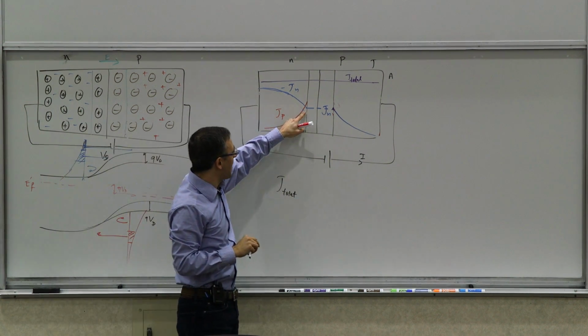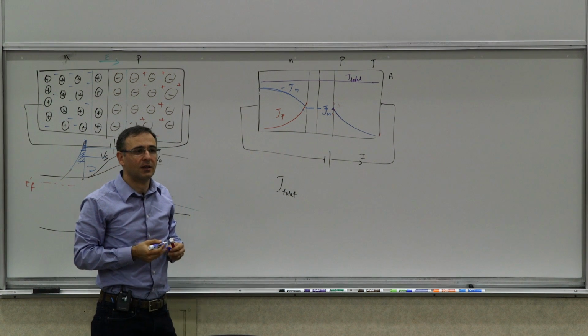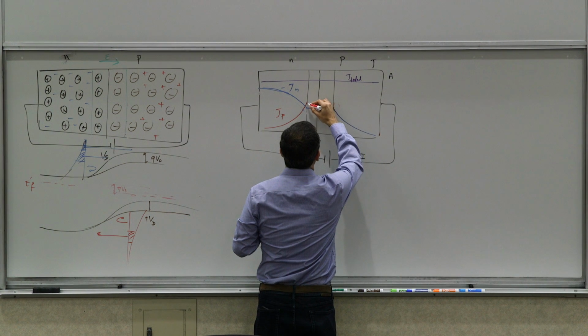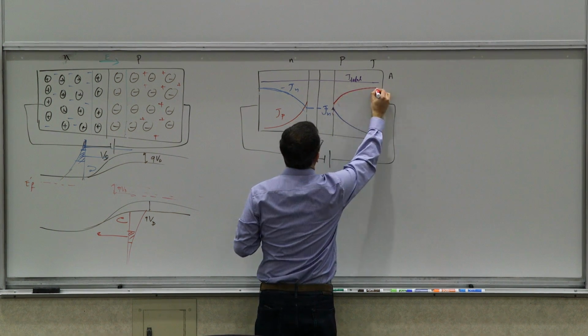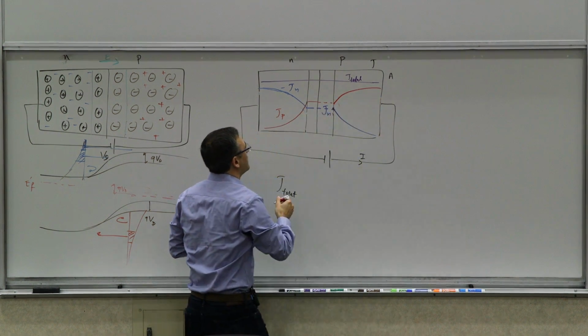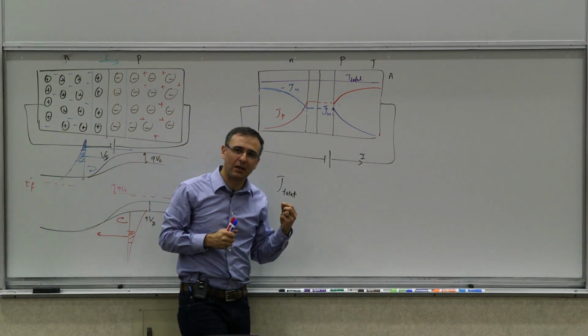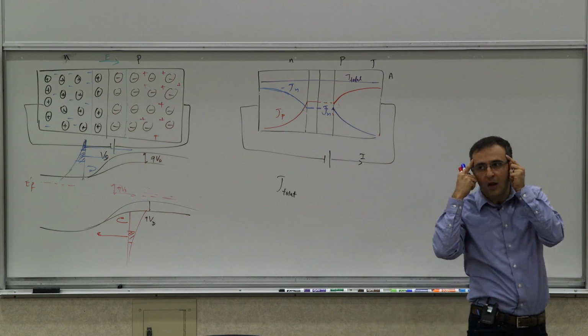So whatever makes it to this edge is going to make it to the other edge. And then same, in a similar fashion, you have this happening here. So that's the JP.